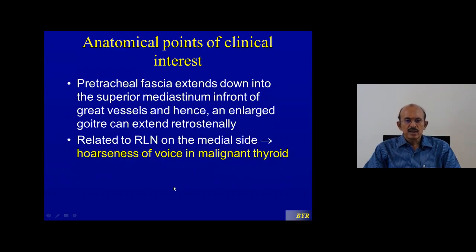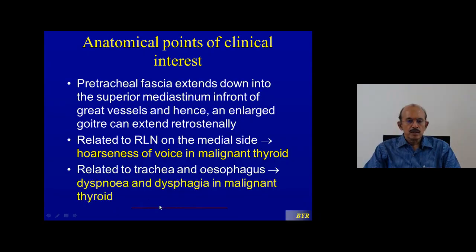It is related to the recurrent laryngeal nerve on the medial side, so there may be hoarseness of voice because of the involvement of the recurrent laryngeal nerve in malignant thyroid. Related to trachea and esophagus, hence there may be dyspnea and dysphagia in malignant thyroid.